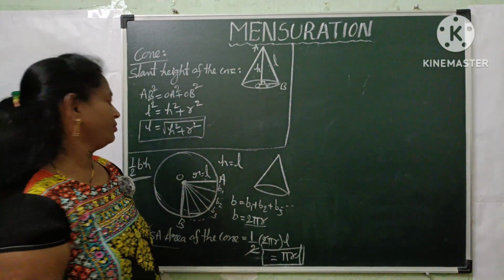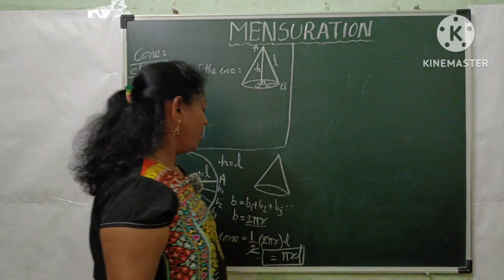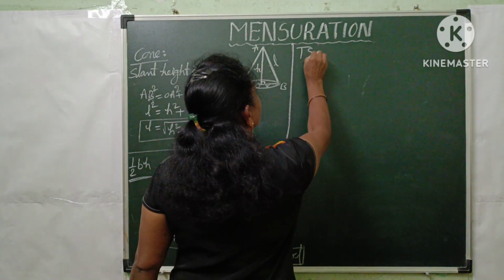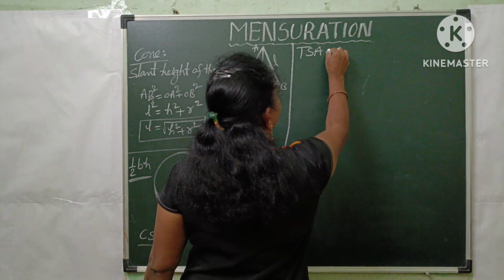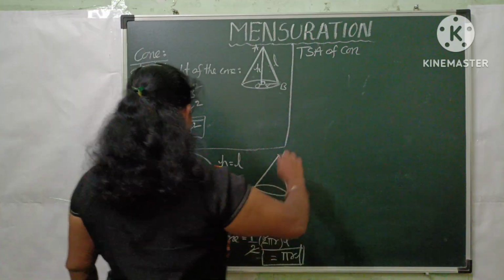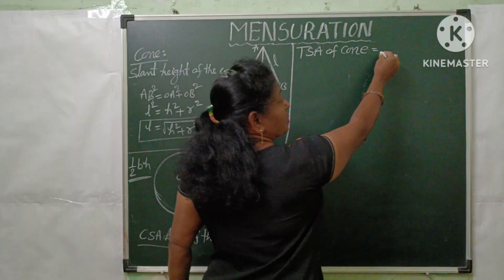Next one, total surface area of the cone. Total surface area means what? TSA of cone equal to what is that?